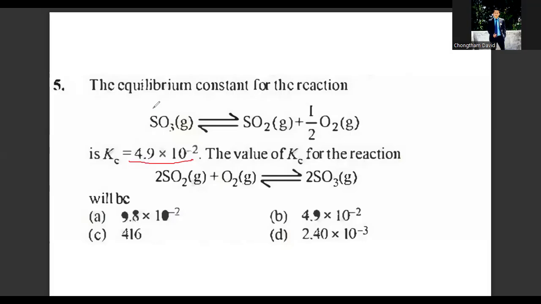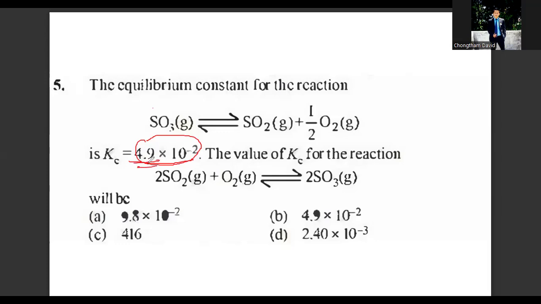I hope it's clear. So on taking the square of the above reaction, what would be the new value? The square would be 4.9 into 10 to the power minus 2, squared. So the new value would be approximately 24.01 into 10 to the power minus 4.